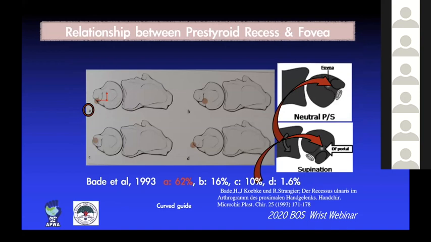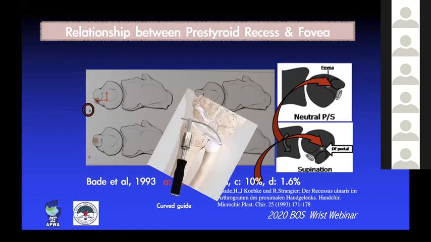In 1993, Bade reported the relationship between the recess and fovea. So the appropriate entry point would be just dorsal to the larger recess seen from the RCJ. A slightly supinated position makes it easy to insert the needle to the center of the fovea because of this figure.